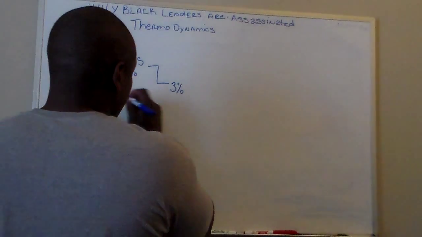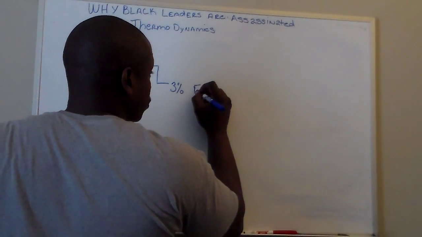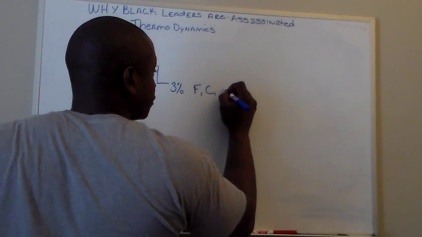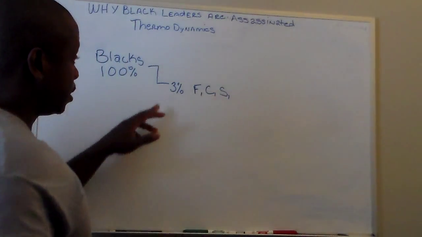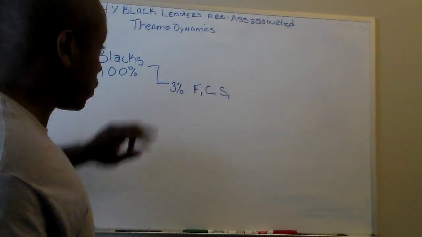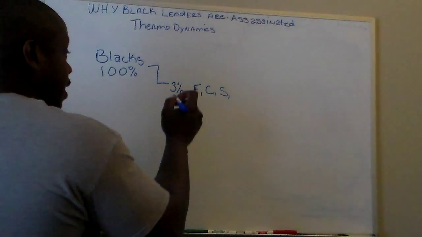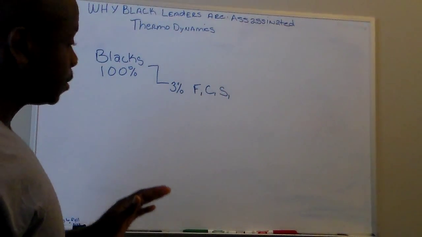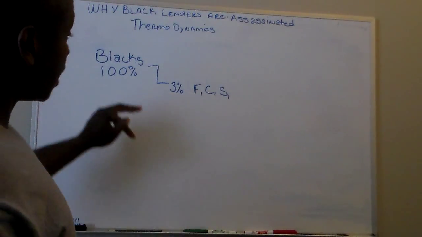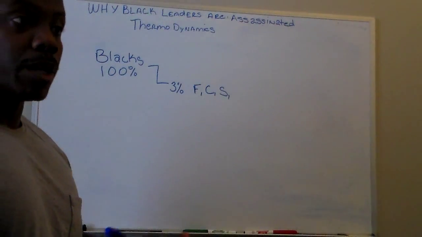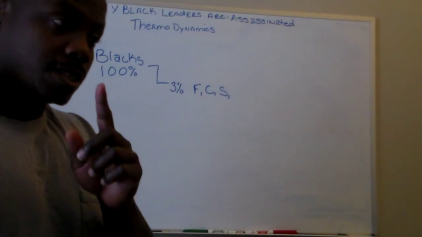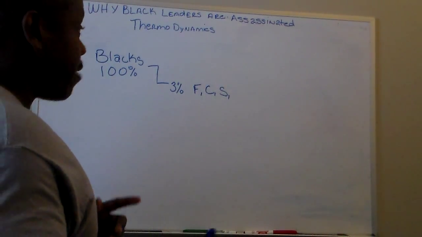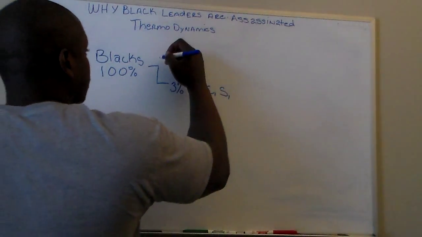So within this 3% of their productivity, food, clothing, shelter is in this 3%. Anything above this 3% is a no-no in this system, because that then means that blacks are becoming more productive for themselves, which is not advantageous for the system that we're in.